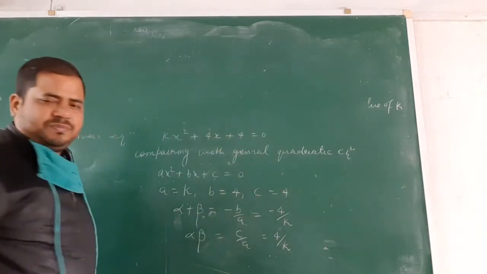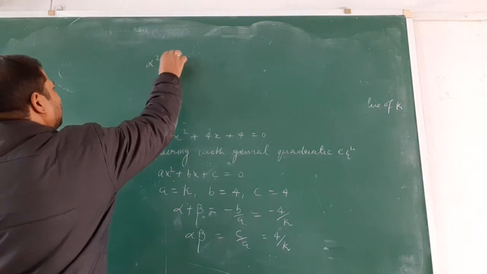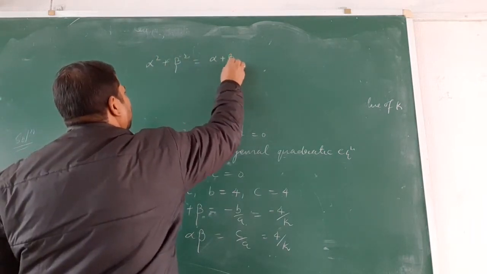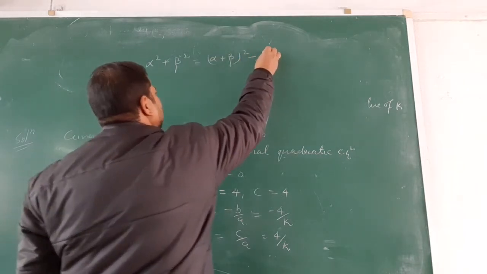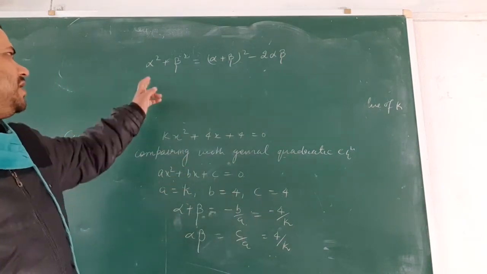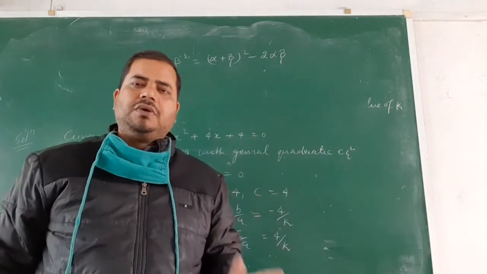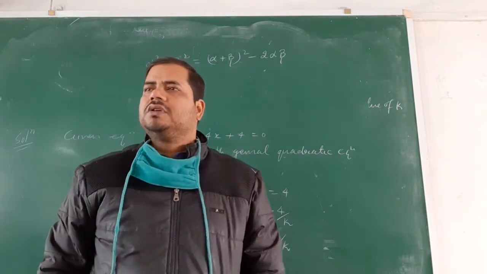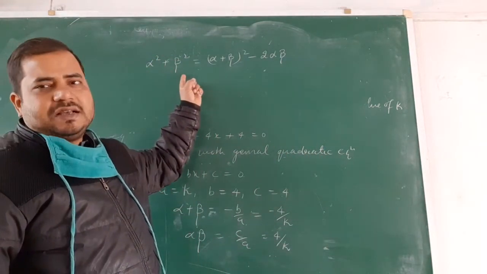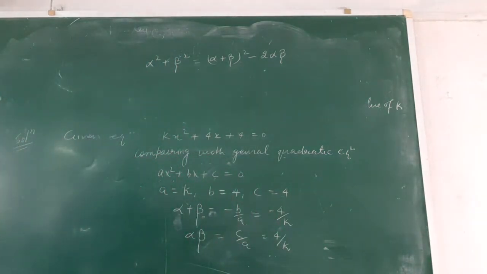Alpha square plus beta square is nothing but alpha plus beta whole square minus 2 alpha beta. This is the identity: a square plus b square is nothing but a plus b whole square minus 2ab.